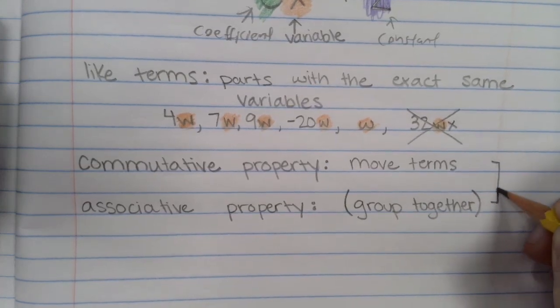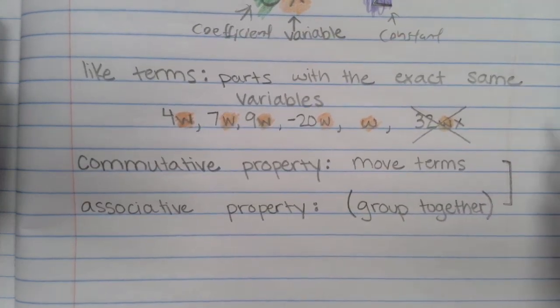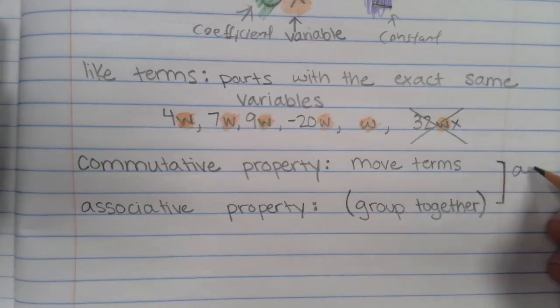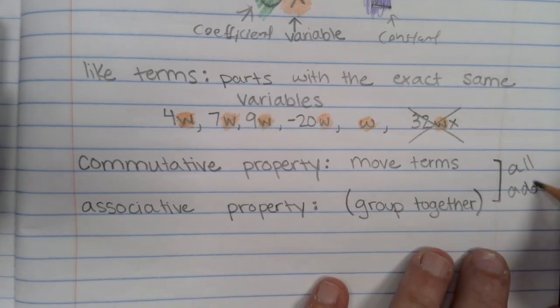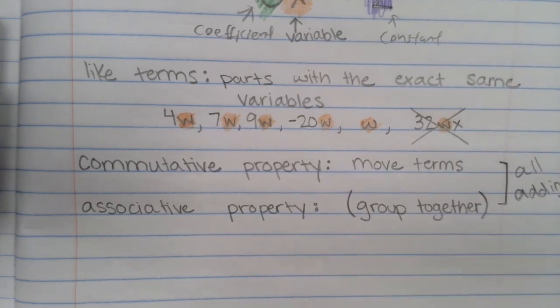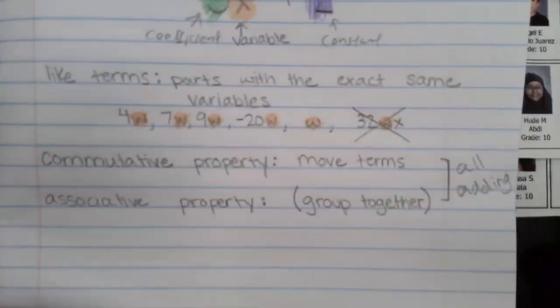All right, now both of these properties we use when it's all adding. We can switch around adding problems, and we can group adding problems differently depending on what they are.